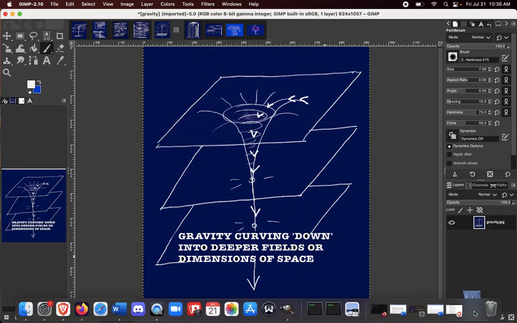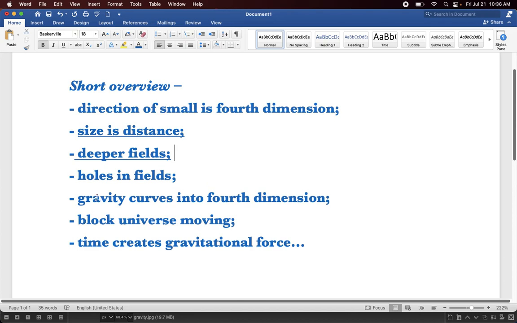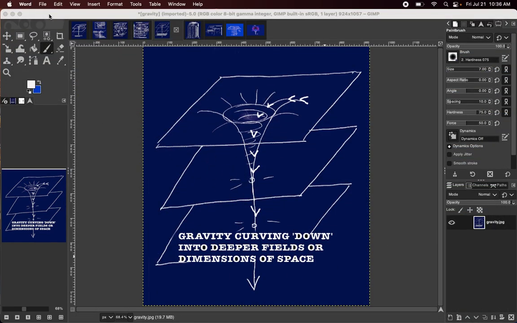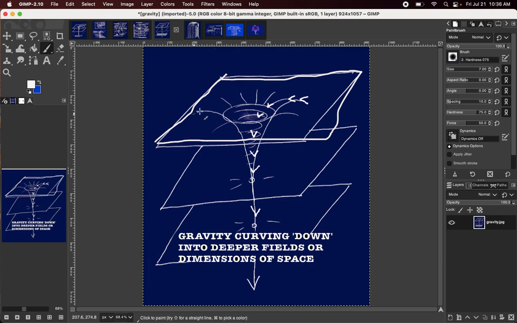And so when we see that, we can also see that heavenly bodies are the same way, that they are also holes in the field of our own universe, and that gravity, the curvature of gravity, is the curvature of holes, and that curvature is curving into the fourth dimension.